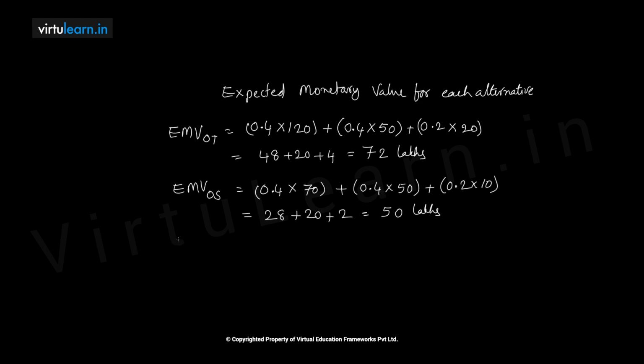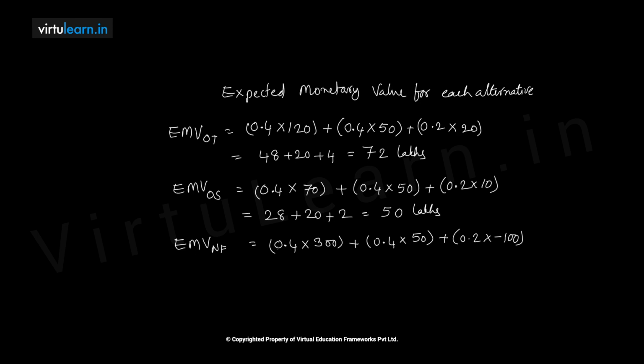Then we will calculate EMV for new facilities, equal to 0.40 into 300 lakhs would have been the profit, plus 0.40 into 50 lakhs, plus when it is low demand, there will be a loss of 100 lakhs.